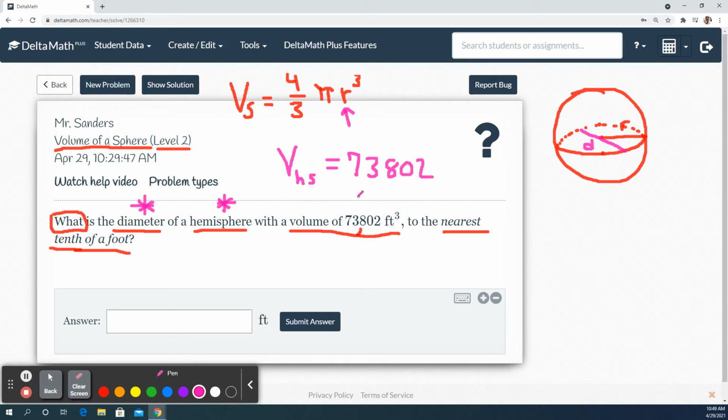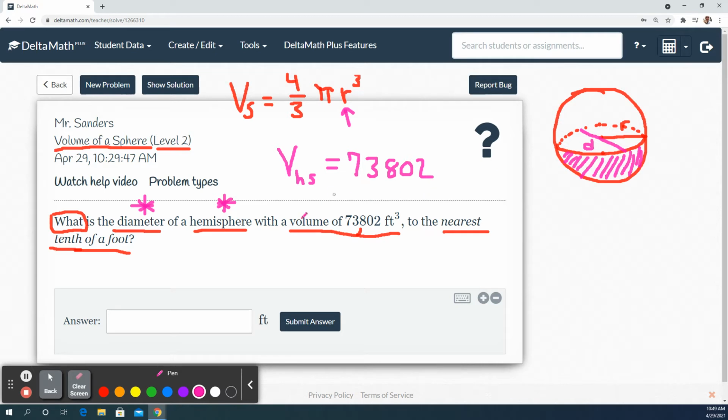73802. Now, since this is a hemisphere, it is half. Hemispheres are half of a sphere. So that's the half mark right there. So that half idea is, if I double this, and here's the shortcut trick, if I double this number, then I have the full sphere.